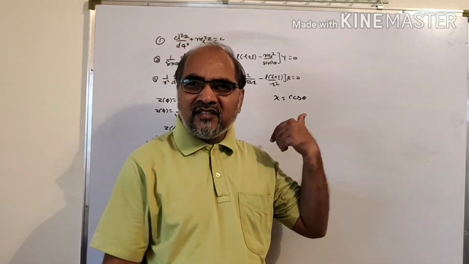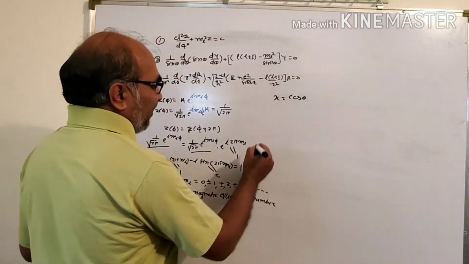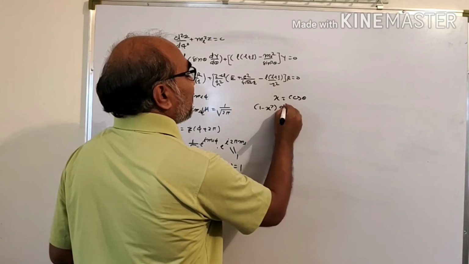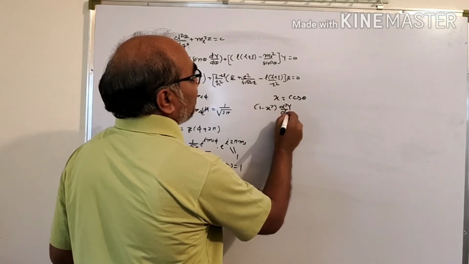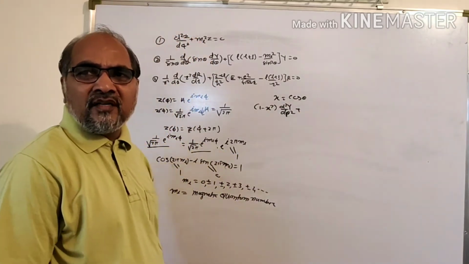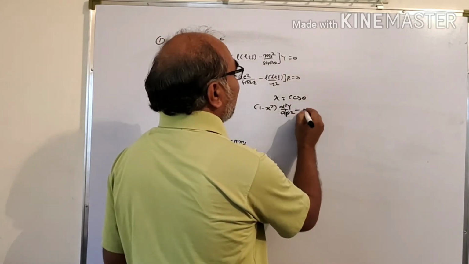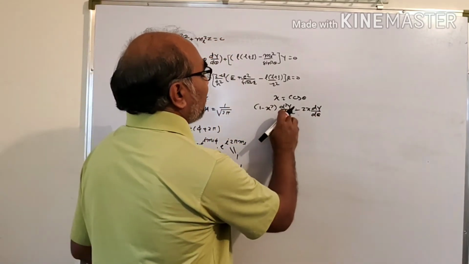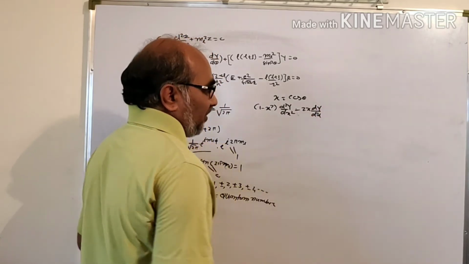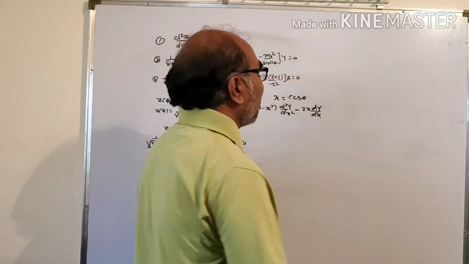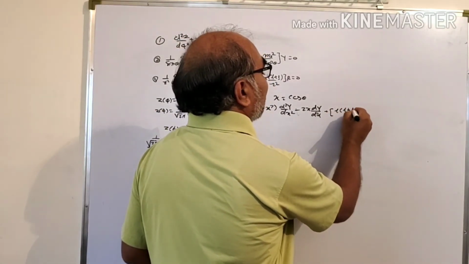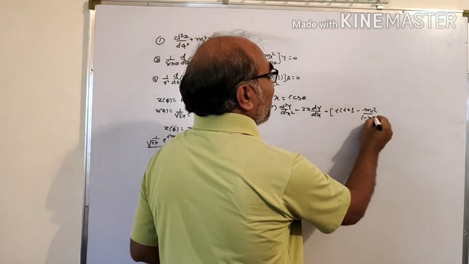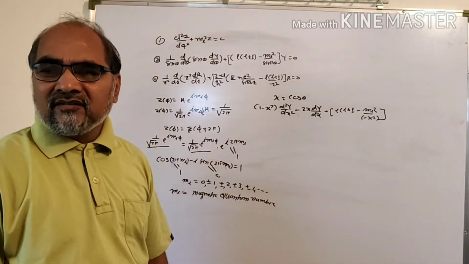When we substitute x equal to cos theta, we get 1 minus x square d2Y by dx square minus 2x dY by dx plus L into bracket L plus 1 minus ml square divided by 1 minus x square Y is equal to 0.